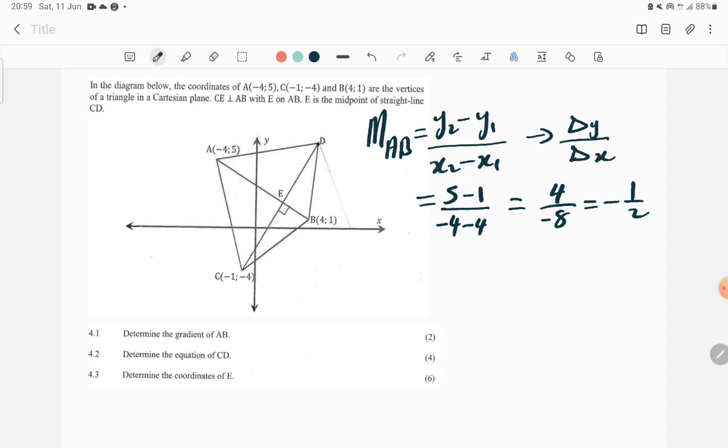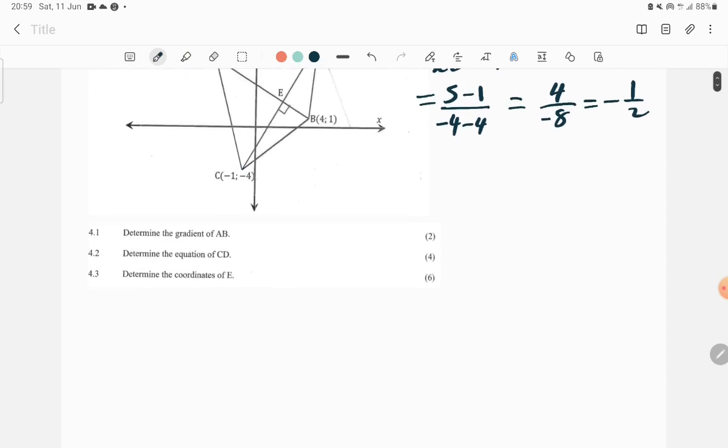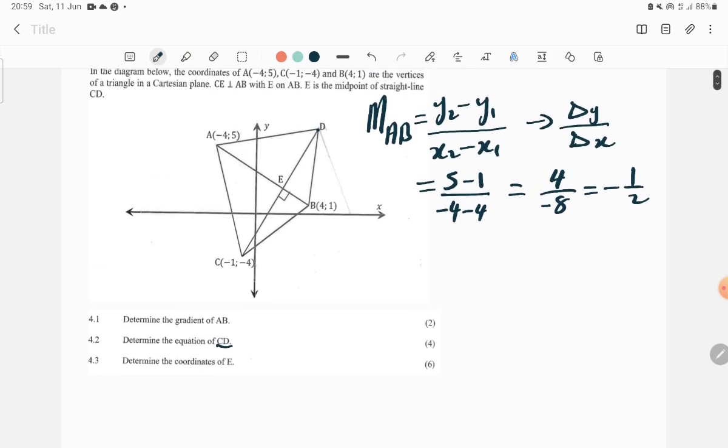Now, after finding the gradient of AB, we can calculate the equation of CD, which is the second question. We know that the equation of a straight line is given by y is equal to mx plus c. To complete the equation of a straight line, we need a gradient and we also need a value c. So how do we find the gradient of this line? You will remember that this line CD is perpendicular to the line AB.